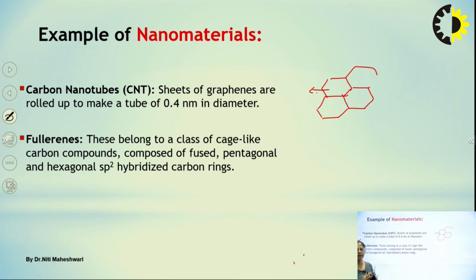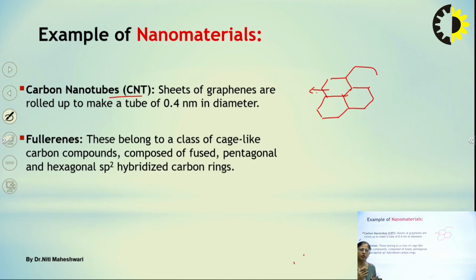Now depending upon the number of sheets we allow to form a carbon nanotube, these carbon nanotubes can be either single walled carbon nanotubes or multi-walled carbon nanotubes. These carbon nanotubes can be conducting, or semiconducting, or insulating in nature, depending upon how we roll the sheet around.